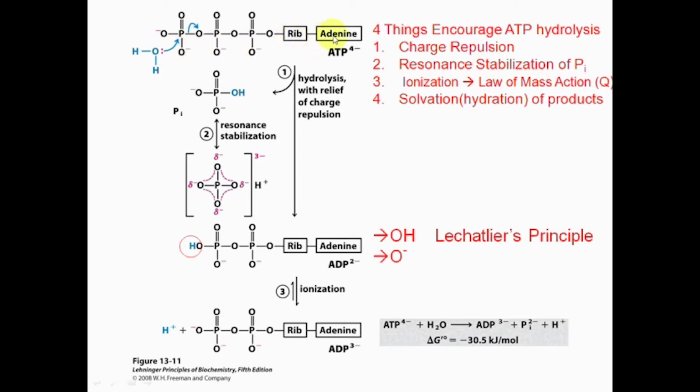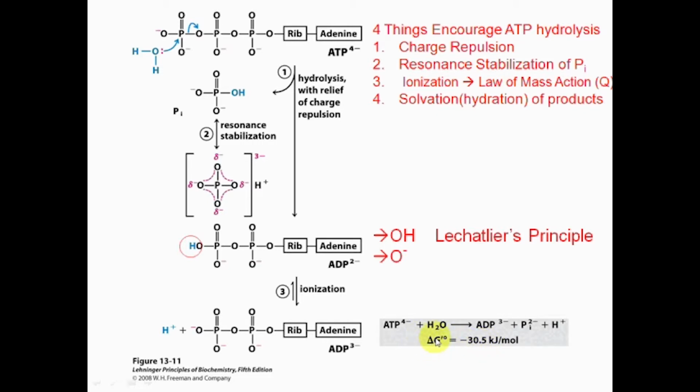This is showing ATP, and we're just going to look at this little box down here. This is what we're focusing on, the cleavage of ATP. So we're going to cut off a phosphate group, just the terminal phosphate, with water. This is called hydrolysis of ATP, and it gives us a negative 30.5 kilojoules delta G prime naught.